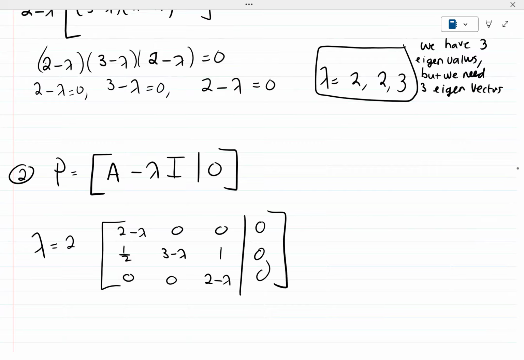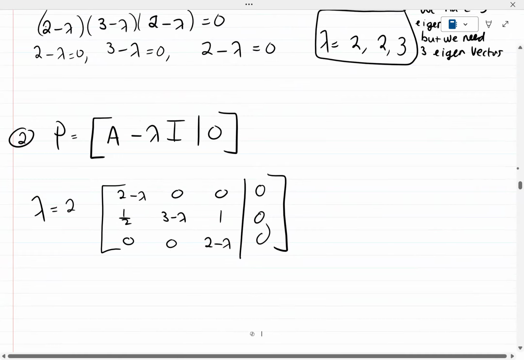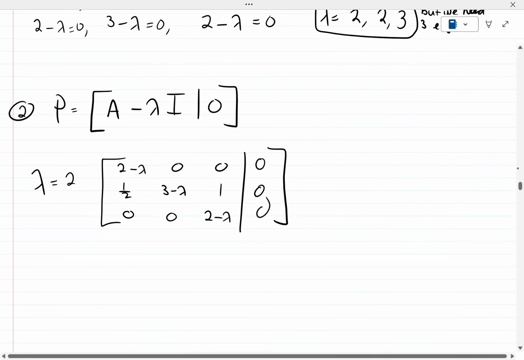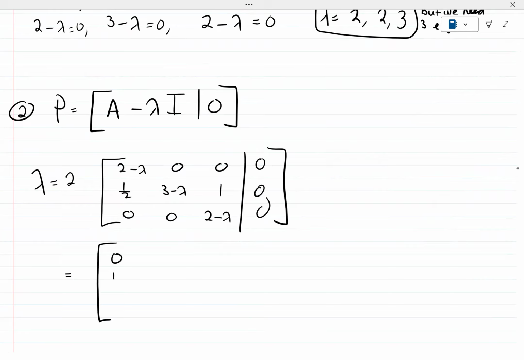When you do that, you get 0, 1 half, 0, 0, 1, 0, 0, 1, 0, augmented with 0, 0, 0.